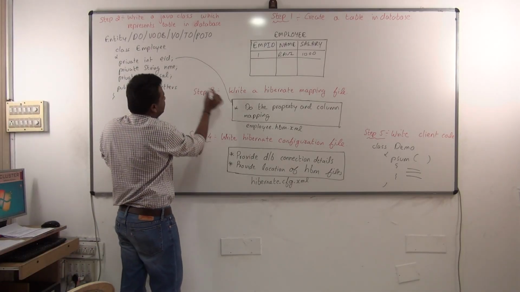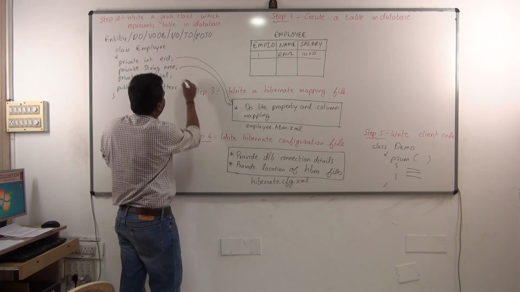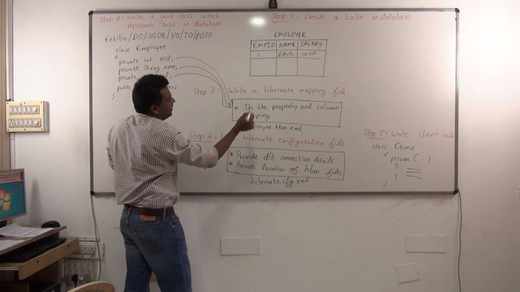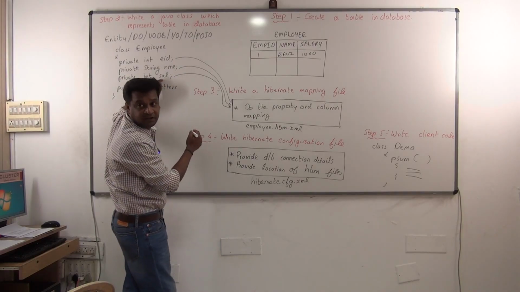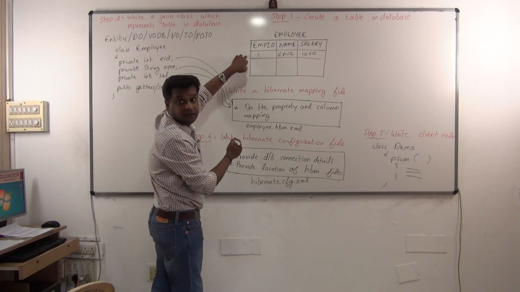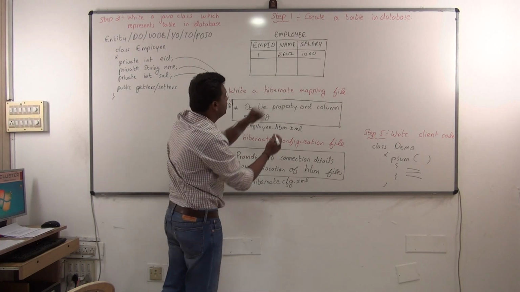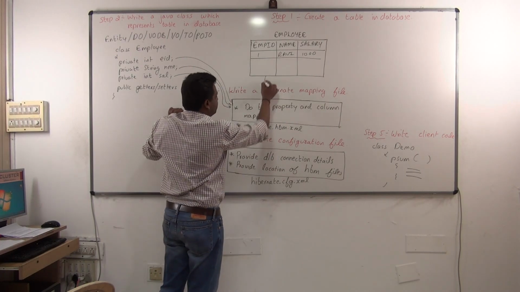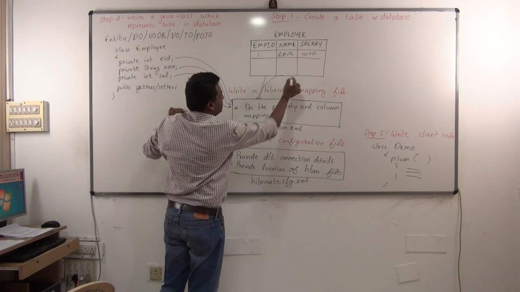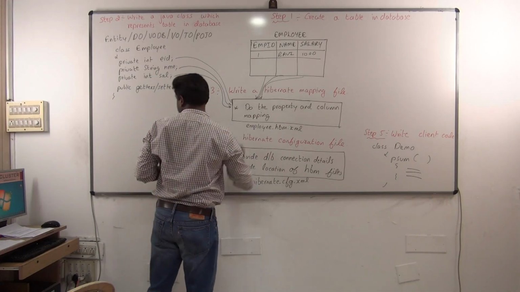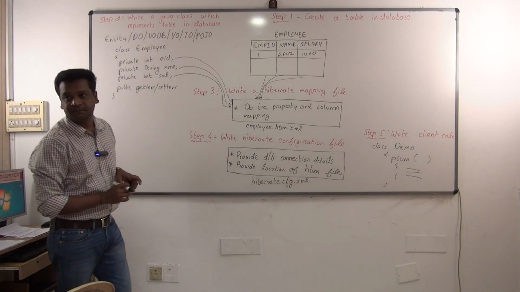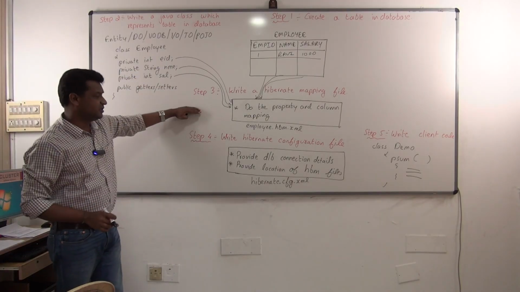The EID, NME, SAL properties will be mapped with the EMP ID, name and salary columns of the database. All of them will be mapped here. So that's the third step.